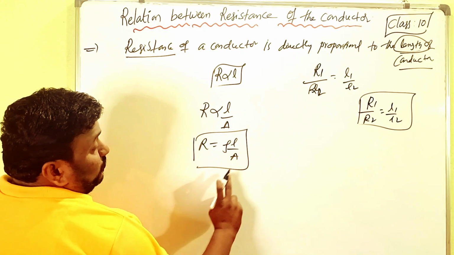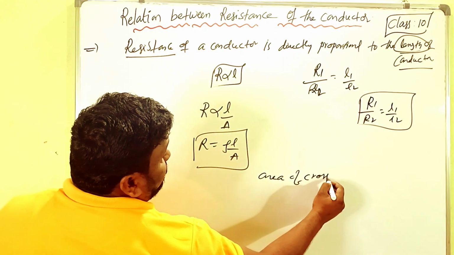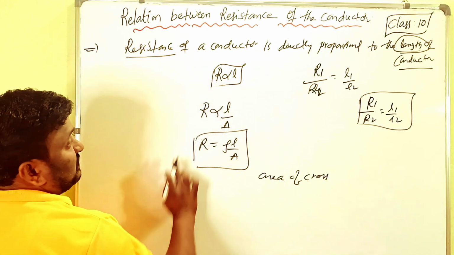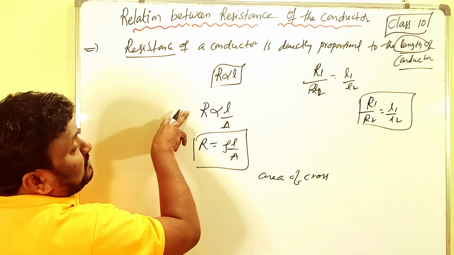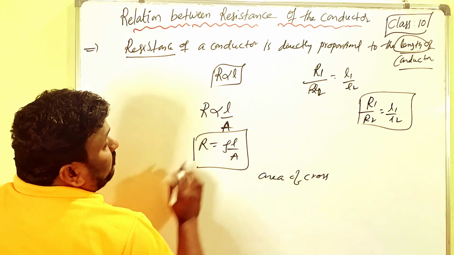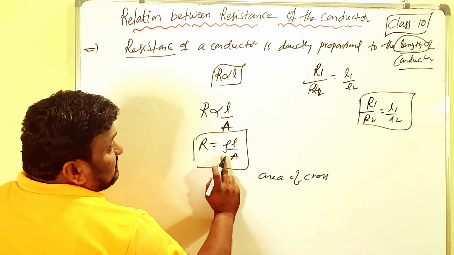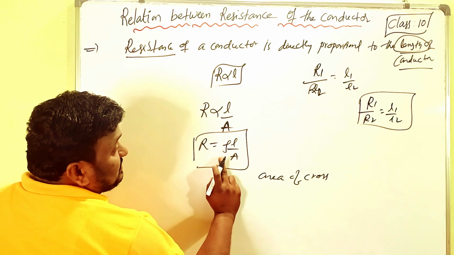Length of the conductor. What is A? Area of cross section. Resistance of the conductor is directly proportional to the length and inversely proportional to the area of cross section of the material. Here rho is called specific resistance.